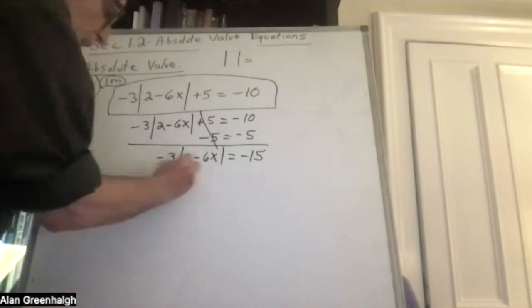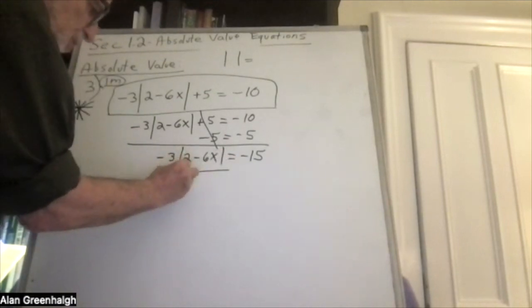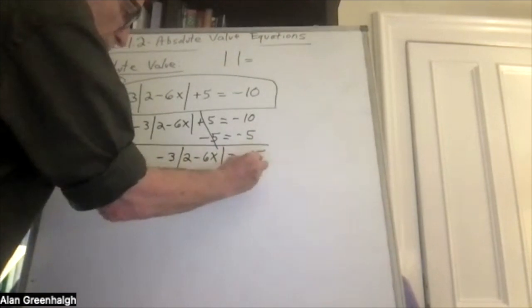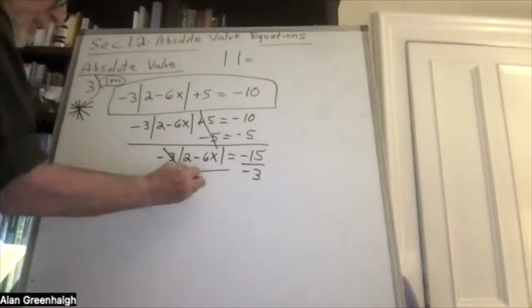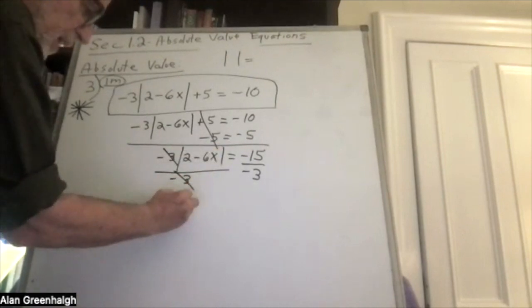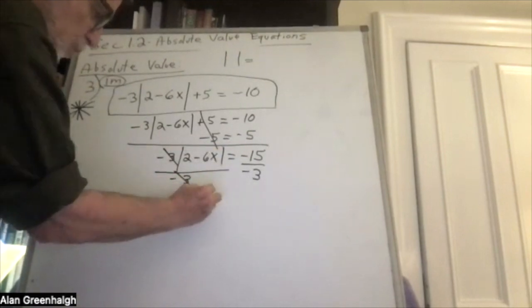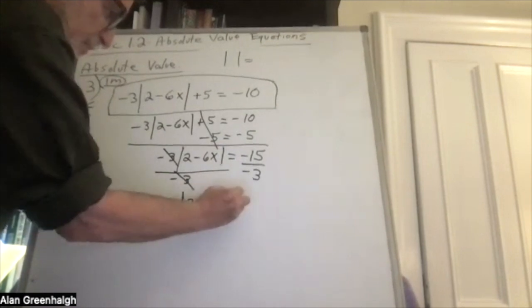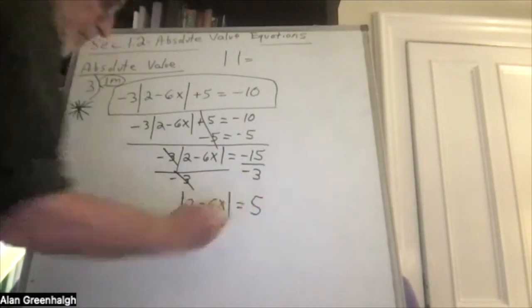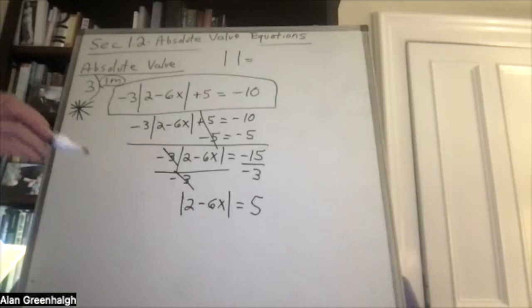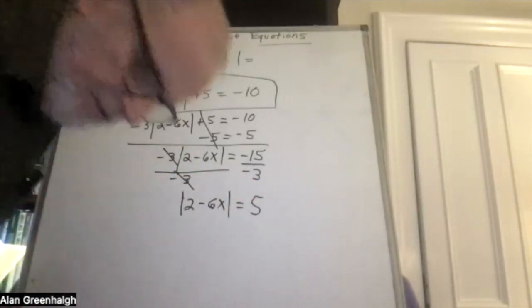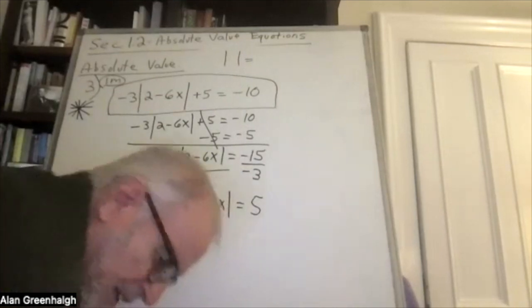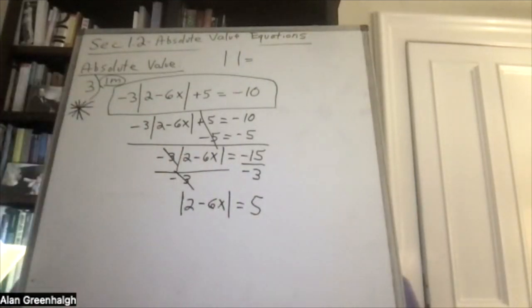Now we want to divide both sides of the equation by -3. You get rid of the 3's, and you still get the absolute value of 2 minus 6x equals 5. That's what you need. You need this number to be without the negative. If it had a negative, then the answer would be you can't do this problem.